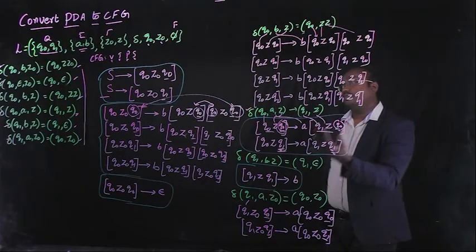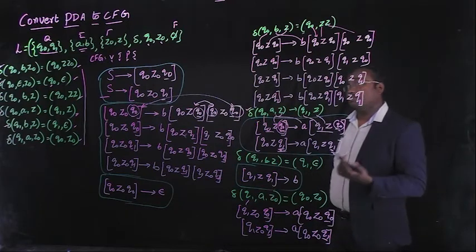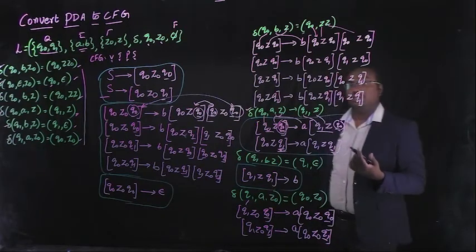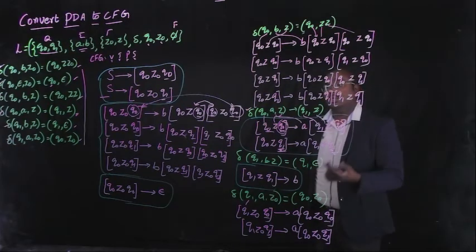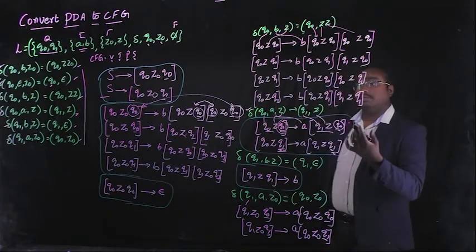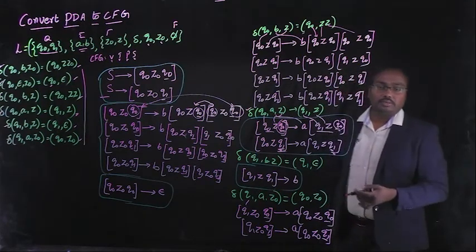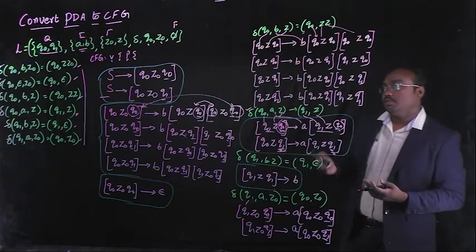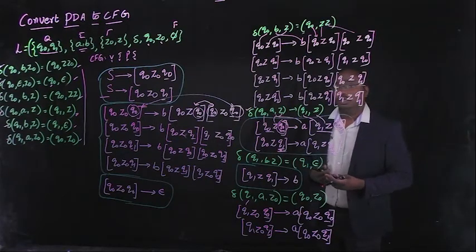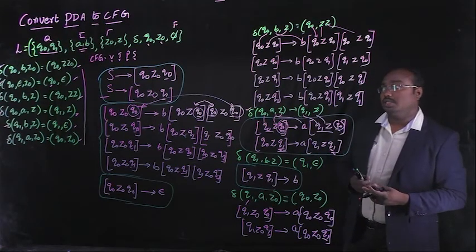In these 15 production rules, many useless and unreachable productions are also there. So you can remove the unreachable and useless symbols. We know how to remove the useless symbols and unknown productions, so by applying that method, we can remove them.